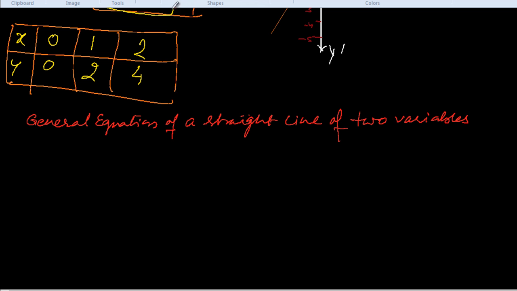So the general equation looks like this: ax plus by plus c is equal to 0.